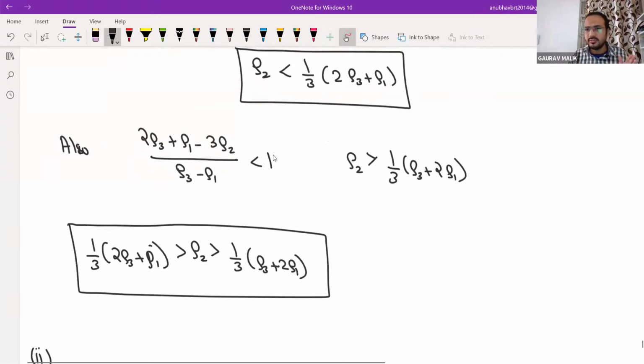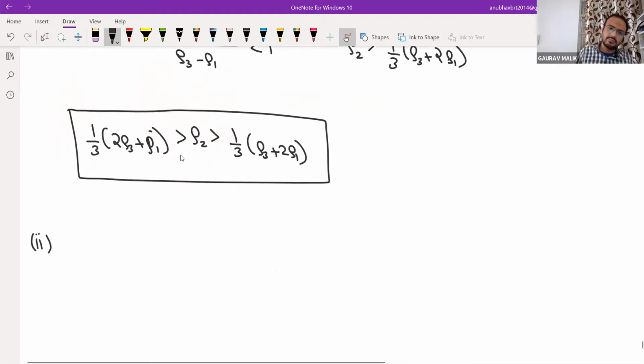This question is not tough, but it is tricky. Once you are able to solve such a question, you will be able to solve any question. For the second question, the value of rho 2 should be between 1.0667 and 1.133.